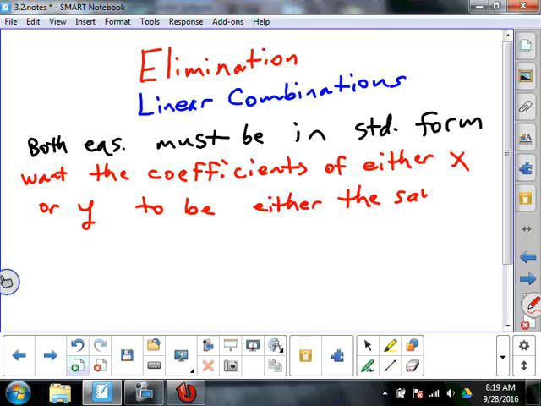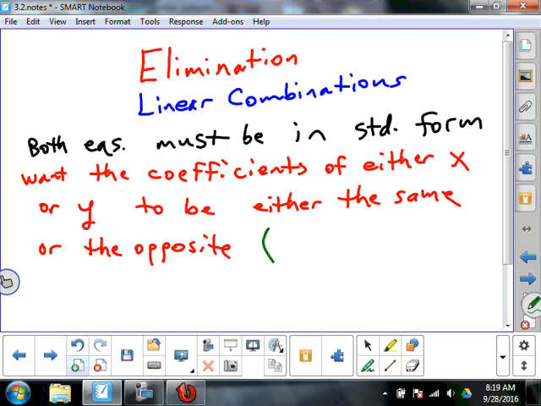Now, I do this a little bit different than some of your other algebra teachers have done this. Some of your algebra teachers say we're only ever allowed to add equations. Well, they lied to you. You can actually subtract one equation from the other. That gets confusing sometimes, but maybe we'll try it. So we want the coefficients of either x or y to be either the same or, more desirably, the opposite.